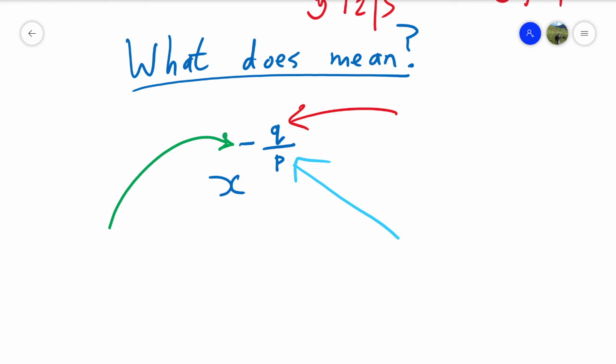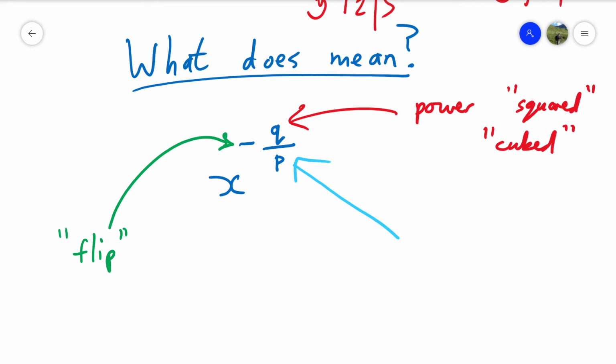The answer is, the minus means flip. So if it's a fraction, you turn it upside down. If it's a whole number, you turn it into a fraction and then turn it upside down. What does the Q mean? The number on the top of the fraction. That's a power. That's like squared or cubed. What does the P mean?